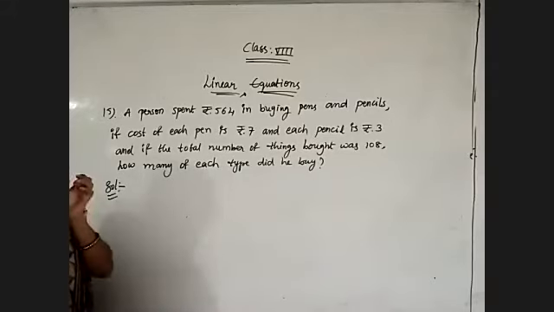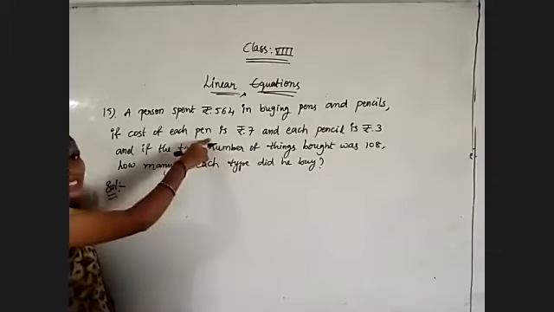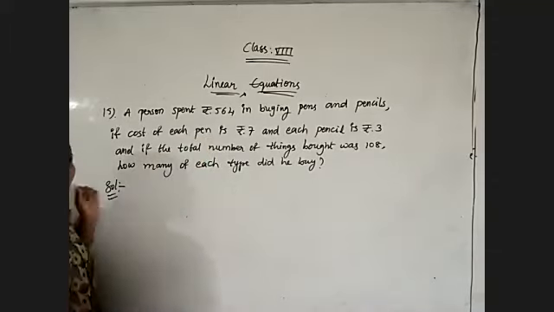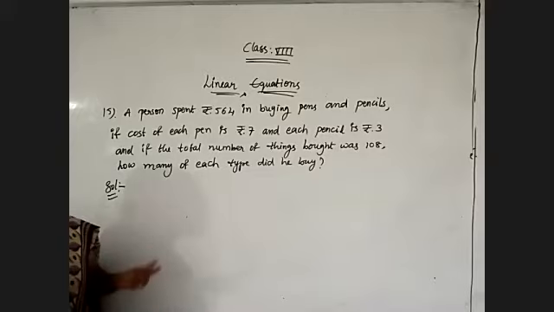So just listen to me. They are given cost of 1 pen equal to 7 rupees. If I bought 2 pens, what is the cost? 2 sevens are 14. And what is the cost of 3 pens? 3 sevens are 21. If I bought 5 pens, how much cost I need to pay? 5 sevens are 35.